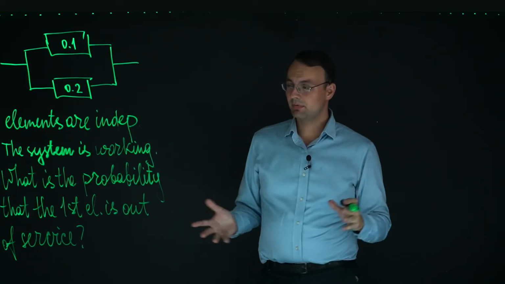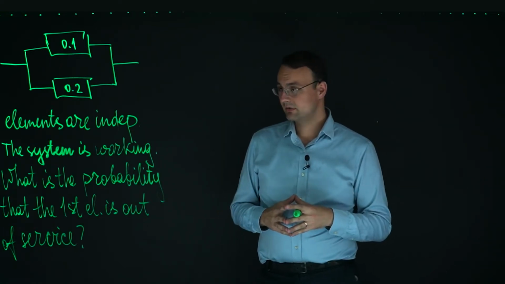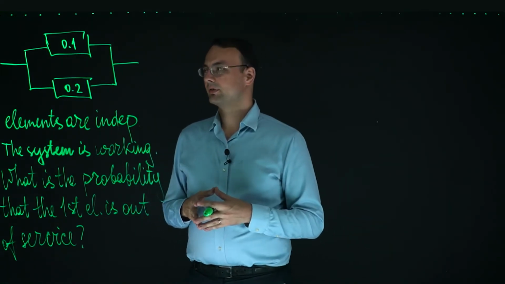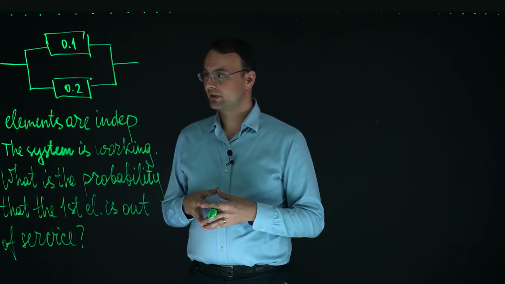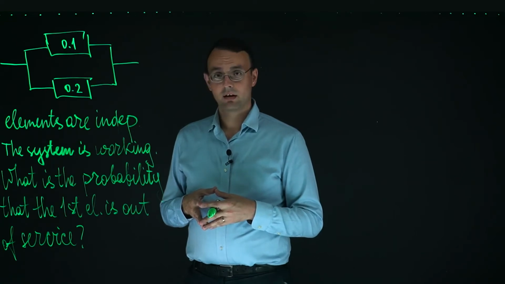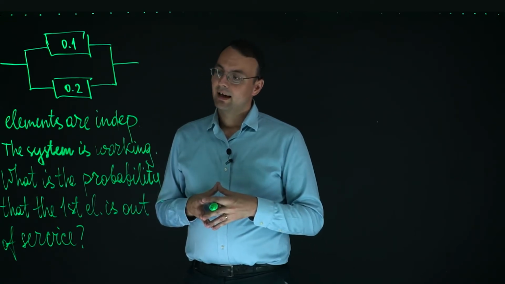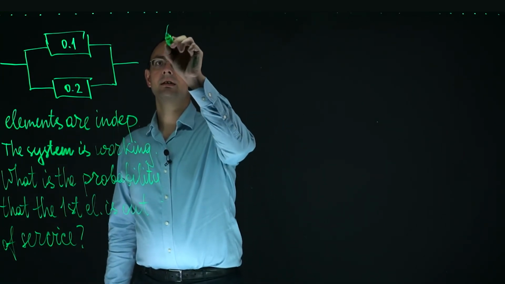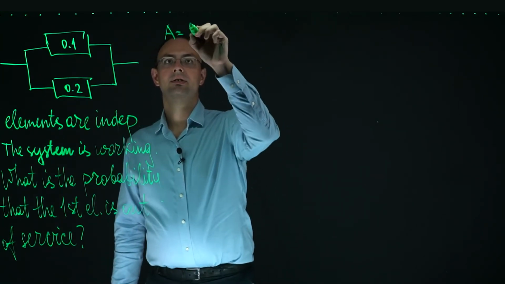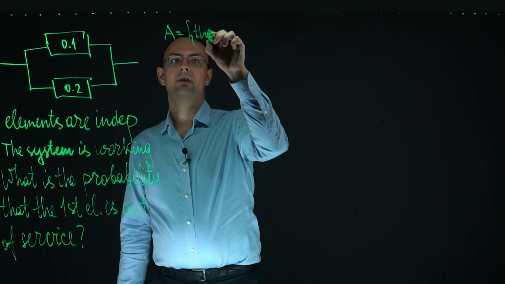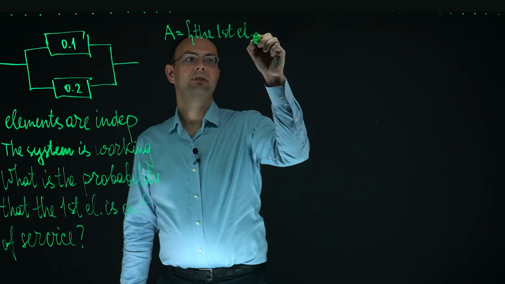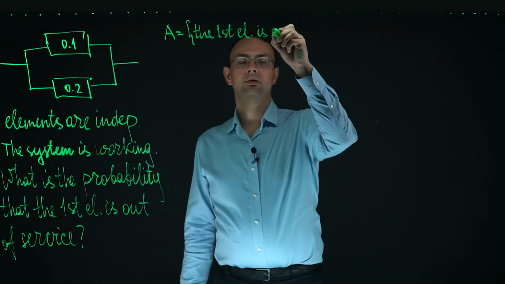The first step is notation. So I am going to introduce some letters to denote events we will deal with here. Let me say that A is that the first element is in service.